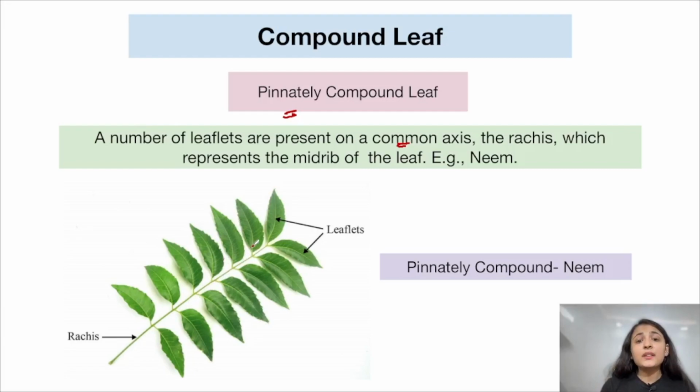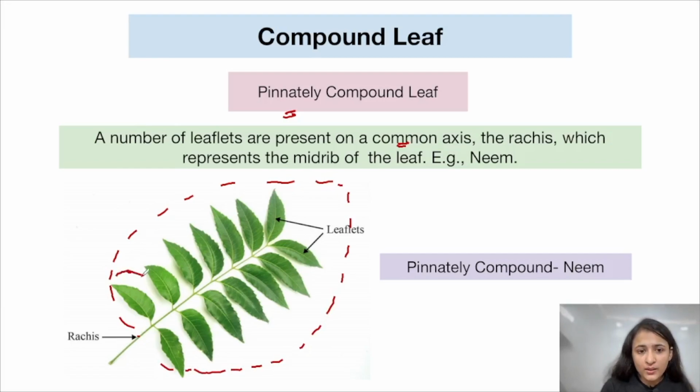Now, what has happened in the pinnately compound leaf? The incisions have reached the midrib and broken the leaf down into numerous leaflets. So incisions of the lamina up to the midrib have broken this leaf down into a number of leaflets.